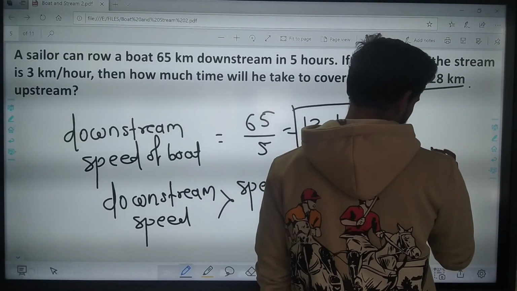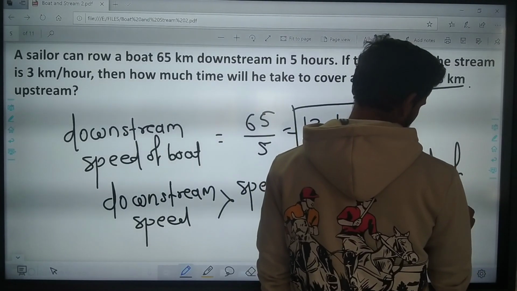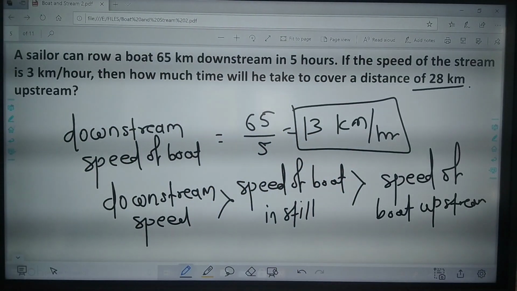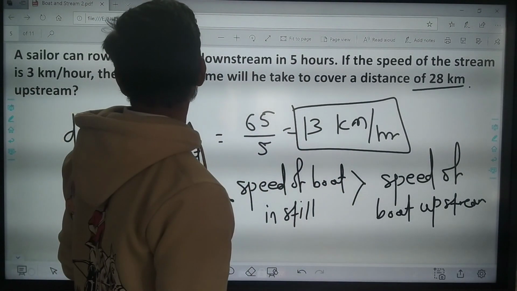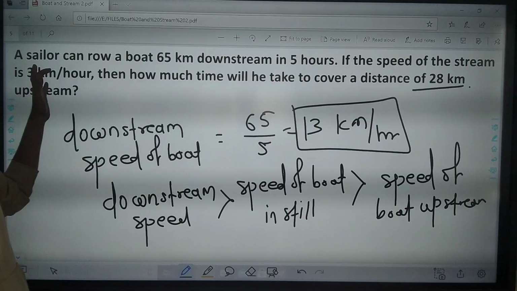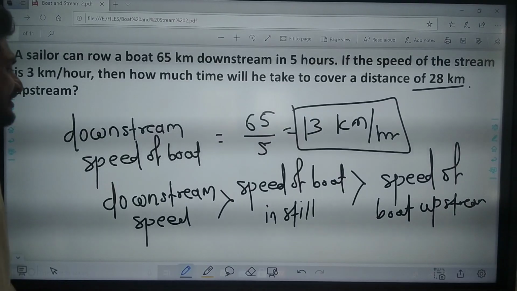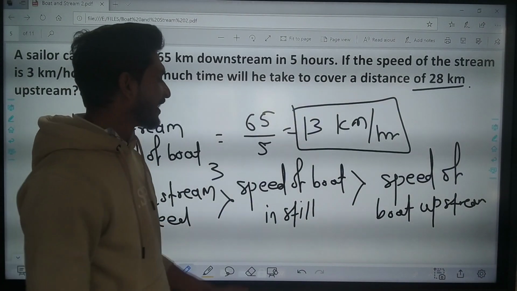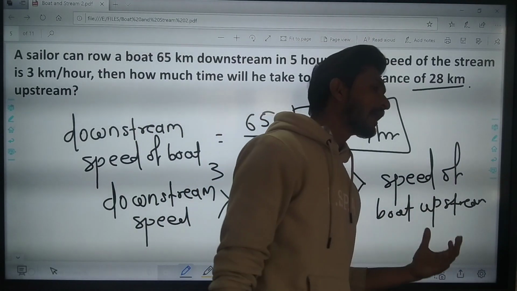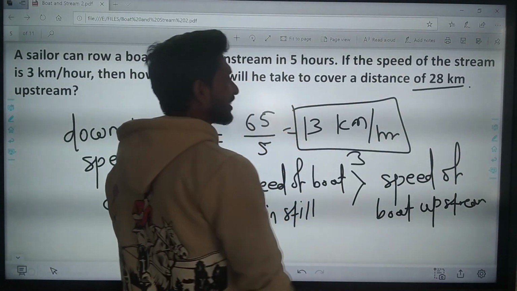The gap between these speeds is the speed of the stream, which is given as 3 km per hour. So the gap between downstream speed and still water speed is 3, and the gap between still water speed and upstream speed is also 3.